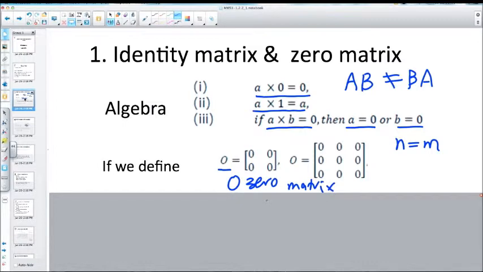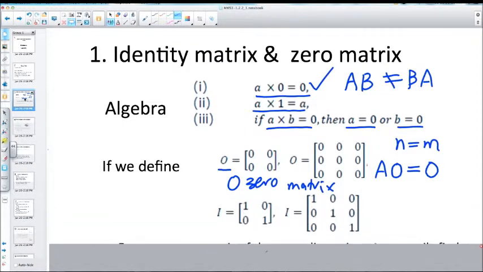In 3 by 3 dimension, you just put 9 zeros. Again, that's a 0 matrix. If you multiply any matrix by this, it's very easy to check: because all the elements are 0, you're going to get a 0. So the first property is the same.